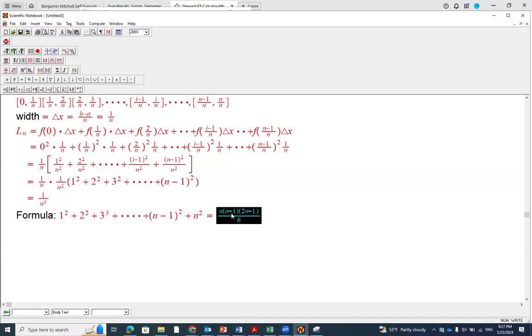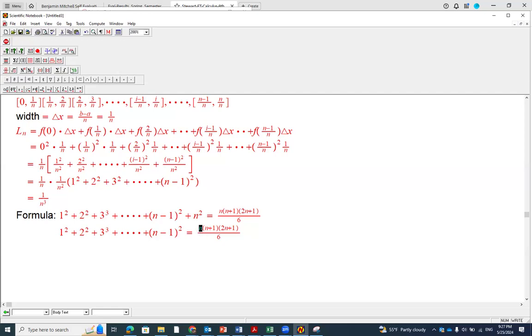Inside, we're going to plug in this formula for n minus 1. In other words, if we want to apply this formula for 1 squared plus 2 squared all the way to (n minus 1) squared, we're going to have to make some changes, because we don't have the last term.